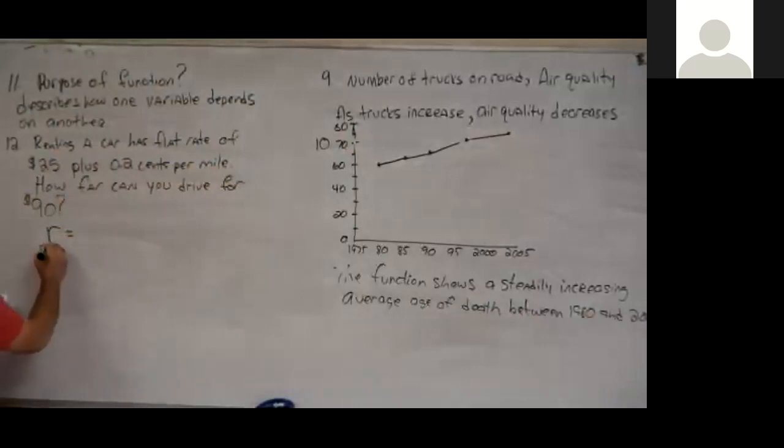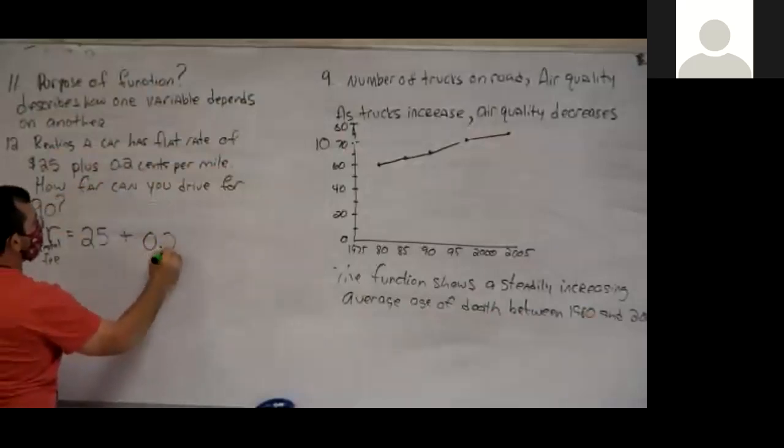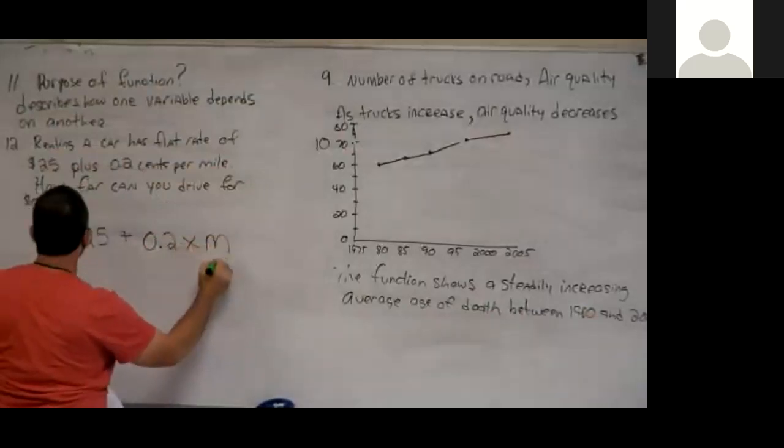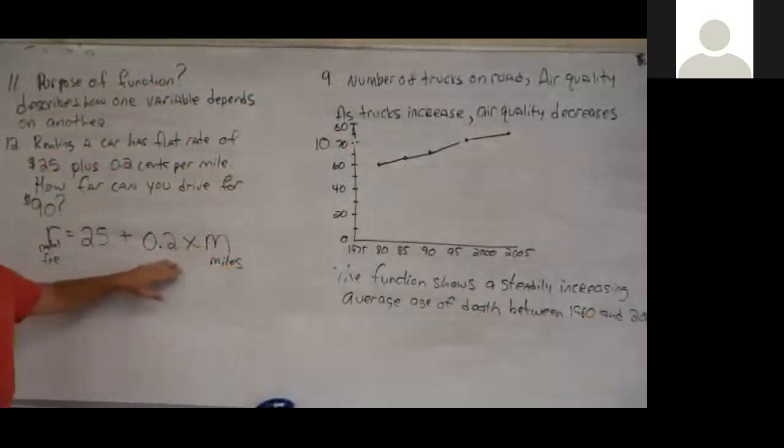Let's write that out: rental fee equals the flat rate of $25, because you got to pay that no matter what, plus 0.2 times how many miles I went. I'm going to use M for my miles. The first step, they just want you to write the equation you're going to use.